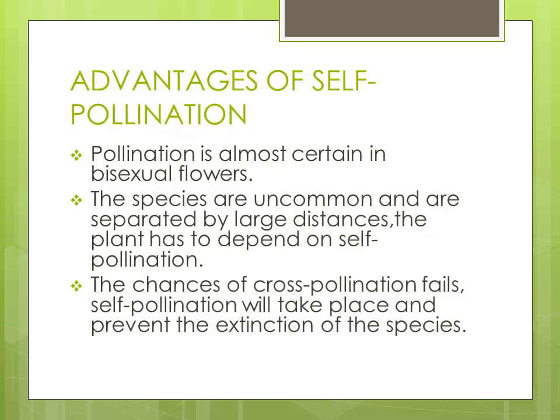Because after the pollination only fertilization occurs. After the fertilization only we will get a fruit and seed. Then only the seeds can propagate their own species. So to avoid the extinction of species, self-pollination may occur in plants.